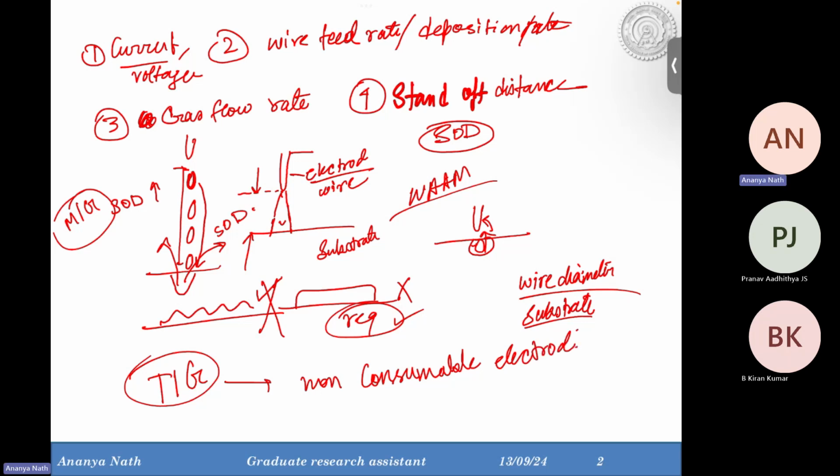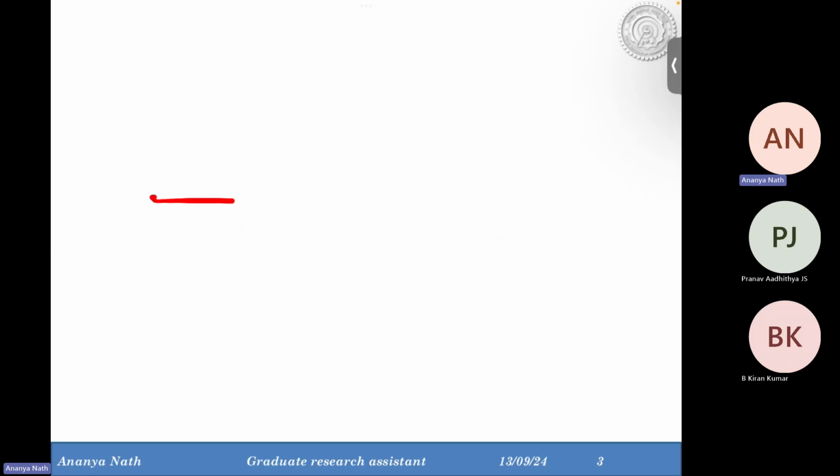Now there comes another interesting fact. If this is my substrate and my electrode is not consumable, that means my electrode is just making the arc. Now, if my electrode is just making the arc, then from where will my wire come? So it should be side feeding.